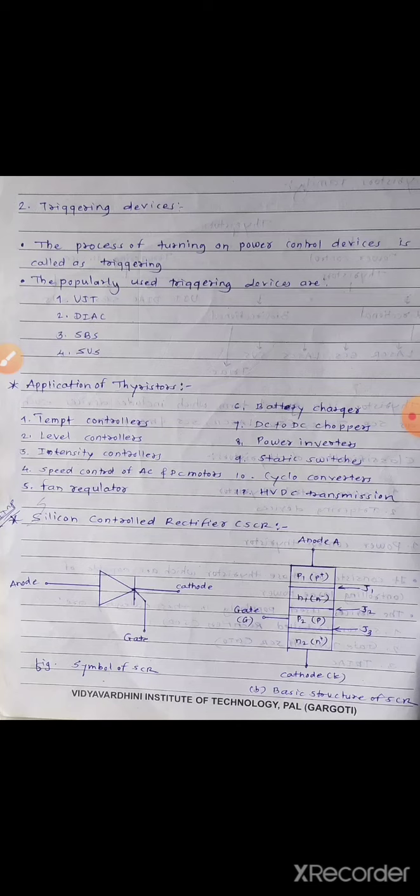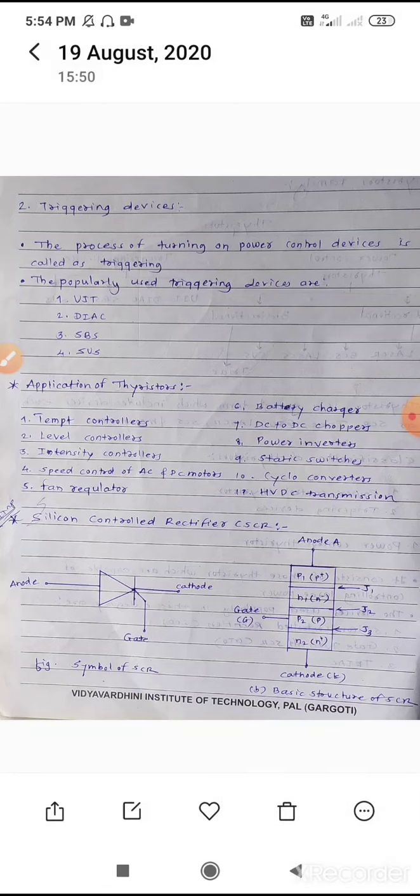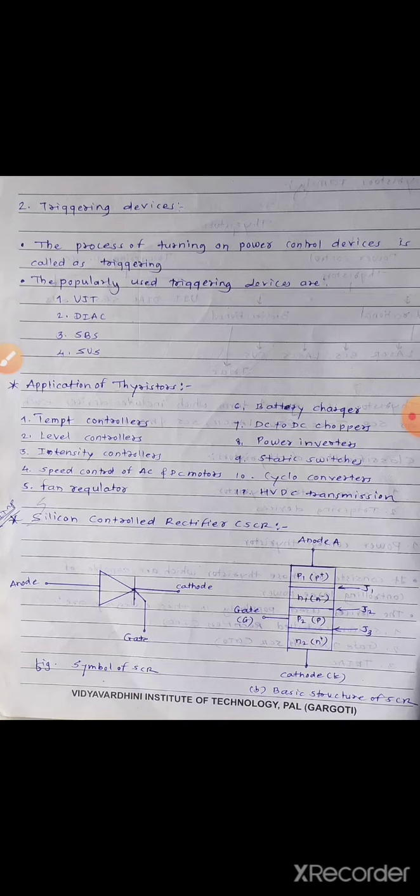As we have seen in the symbol, anode, cathode and gate. Gate is used for triggering, meaning it is used to turn on the SCR. If the current flows from the anode to cathode, it is called forward bias condition. If the current flows from the cathode to anode, it is called reverse bias condition.